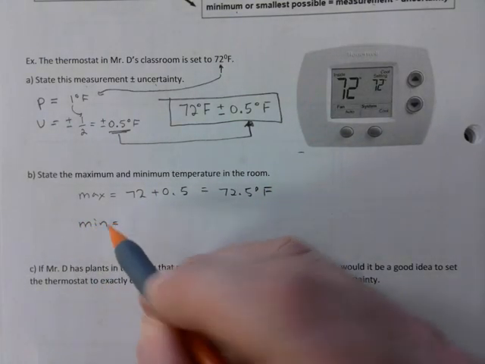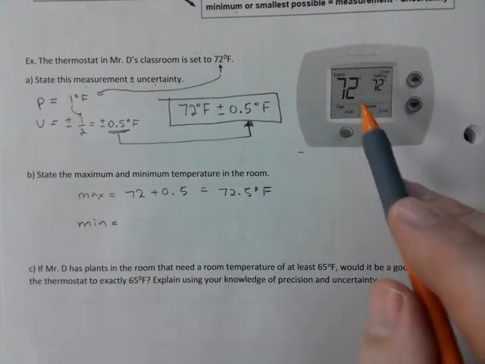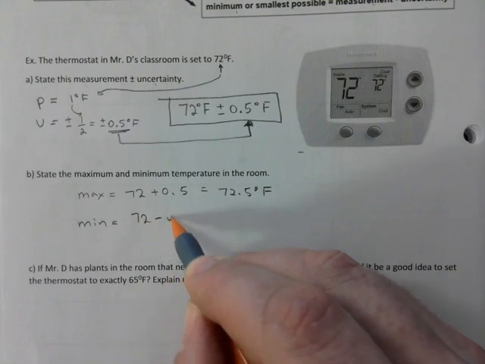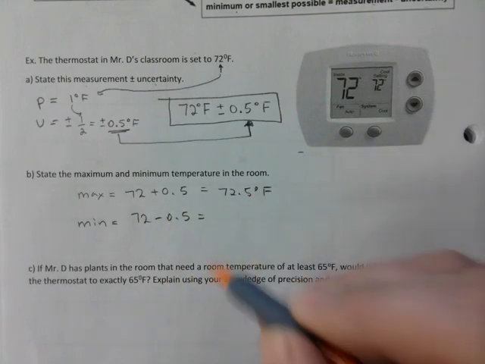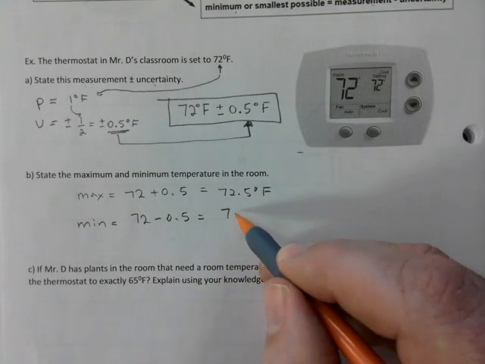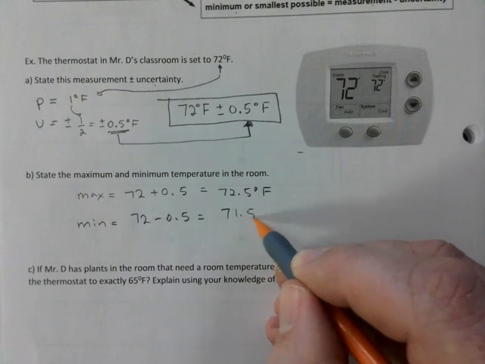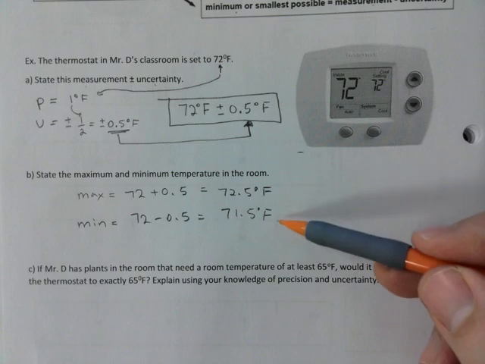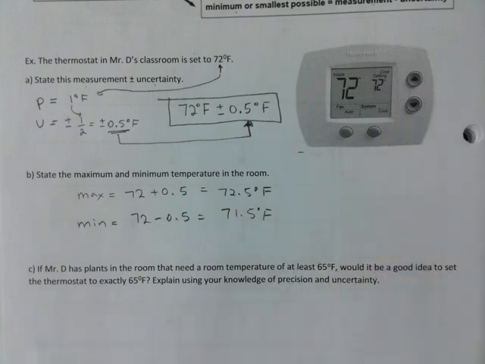The lowest temperature that it could be, even though my thermostat is saying 72, could be as low as 71.5 degrees Fahrenheit. Okay, so there you have your max, there you have your min. And I know we don't think that way, but in this unit, this is how we think of everything. Okay.